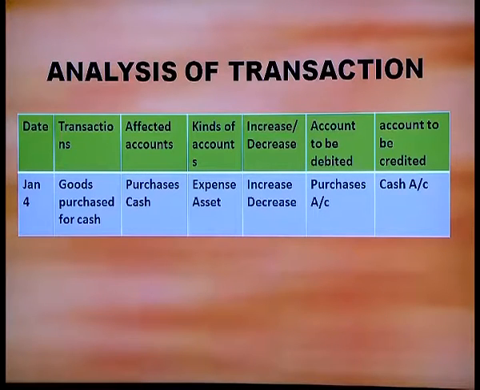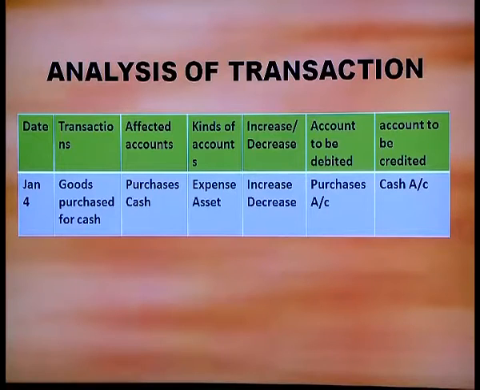Next transaction is goods are purchased for cash. Affected accounts are purchases account and cash. Purchases can be included as an expense. So expense increases. Rule for expense account, when expense increases, it is debited.